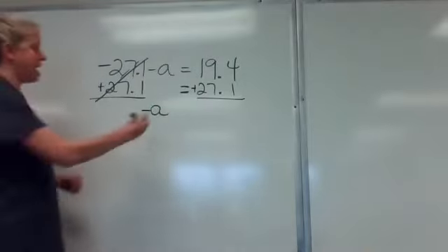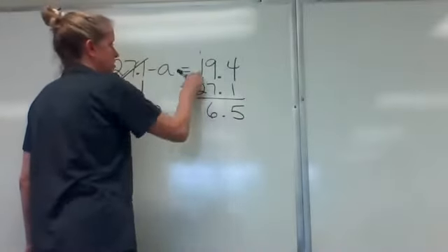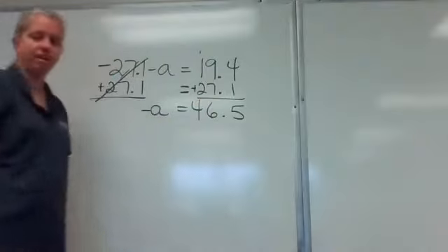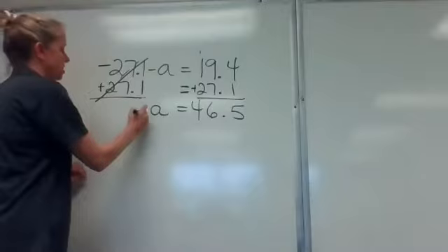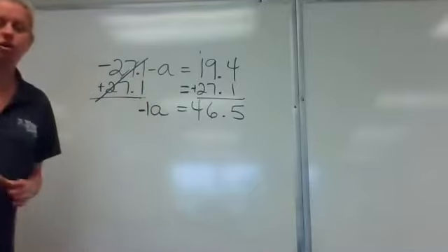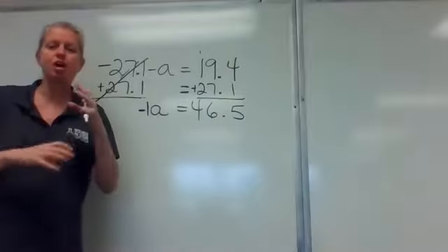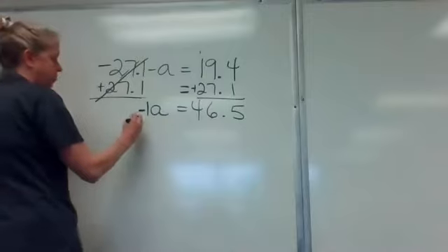So I have negative A equals 46.5. But what is hooked on to this A? If there's a negative in front of it, it's like there's a negative 1 hooked on. So remember, how you remove the hooked on numbers is you divide by whatever it is.